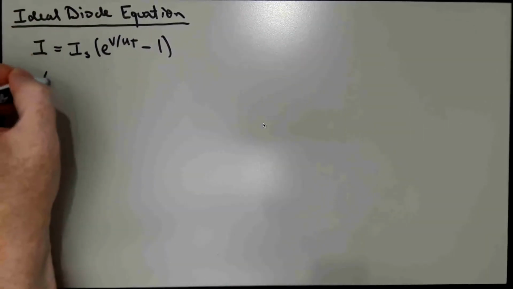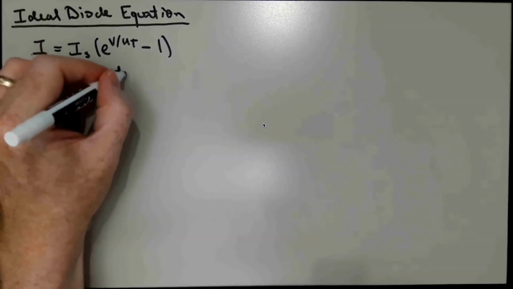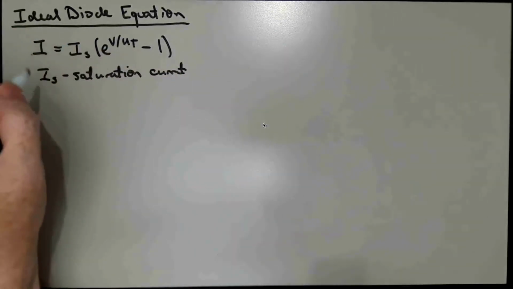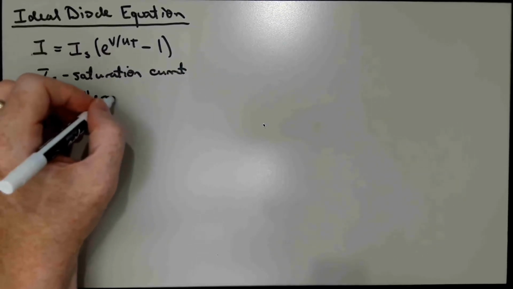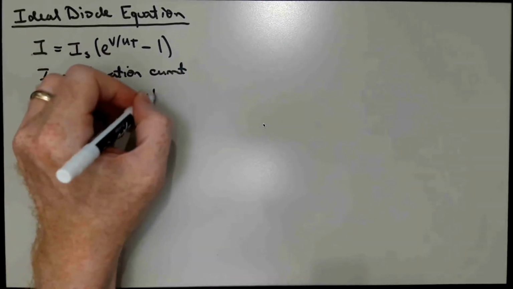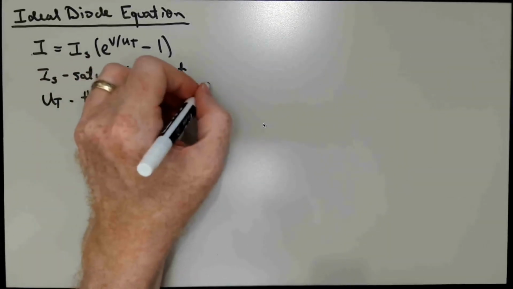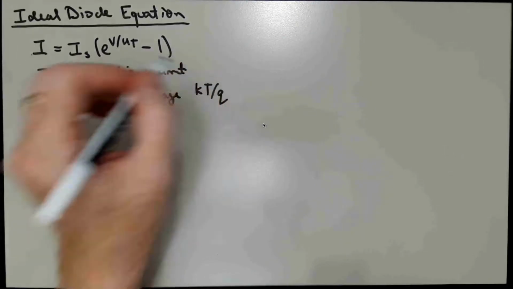Here Is is the saturation current. Ut is the thermal voltage, which is the Boltzmann constant times the absolute temperature in Kelvin divided by the charge on an electron.